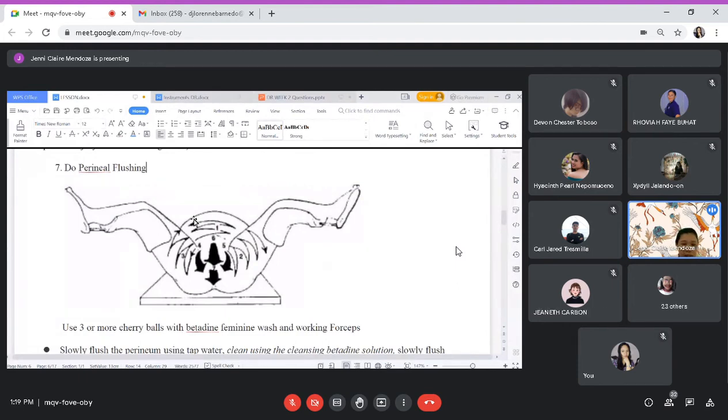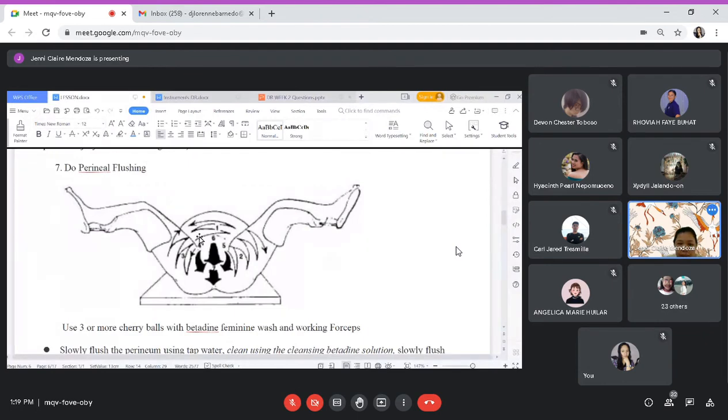So we use that to clean this perineal area. If you notice, we have 6 movements, no, actually 7 movements. The first one is from the lower part of the abdomen to the symphysis pubis. That will be the first.